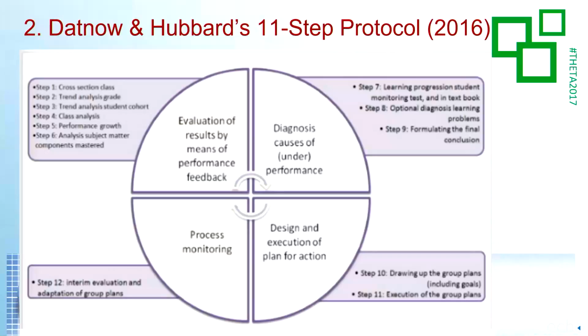And then the last one is to evaluate results by means of performance feedback. Although they classify into these 4 categories, as you can see, there are circular arrows. That means this process can be repeated.